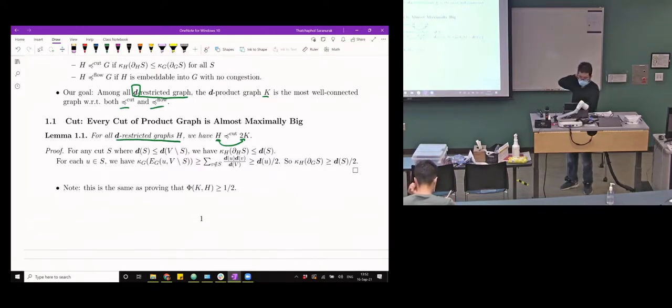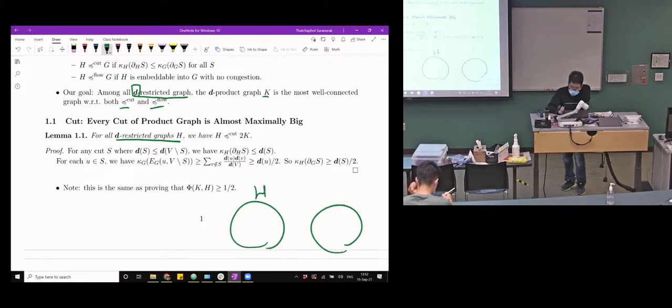So why is that? We just look at the definition. Let's look at H and K here, and take any cut S, and let's say S is on the smaller side.